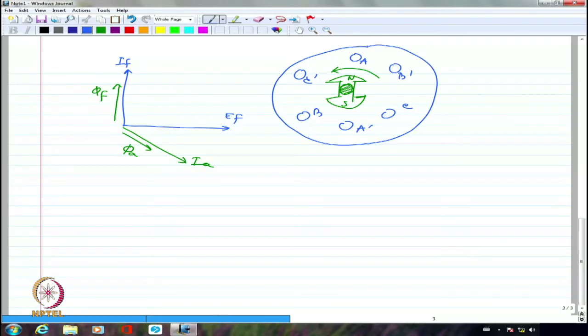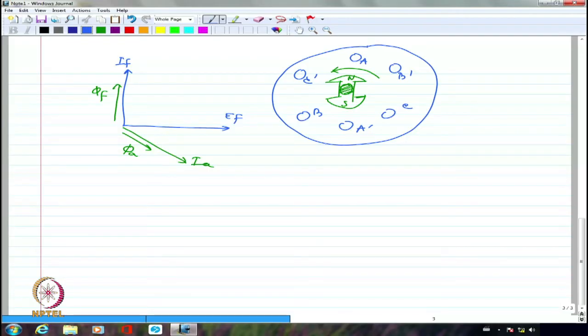I am assuming that the air gap I have shaped, the windings I have placed and all those things are sinusoidal in nature, because of which I am going to have a sinusoidal induced EMF in all three phases. They are shifted from each other by 120 degrees. That's about it when it is on open circuit condition.